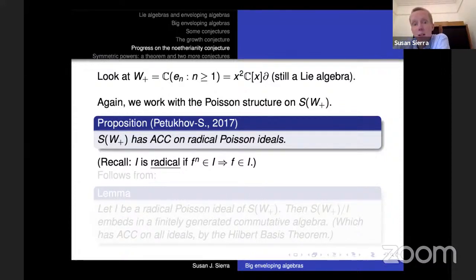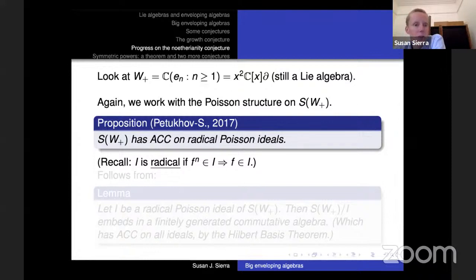Its symmetric algebra has a Poisson structure, and it turns out that it has ACC not on Poisson ideals, we don't know that, but on radical Poisson ideals. Remember that an ideal is radical if f to the n in I tells you that f is in I.